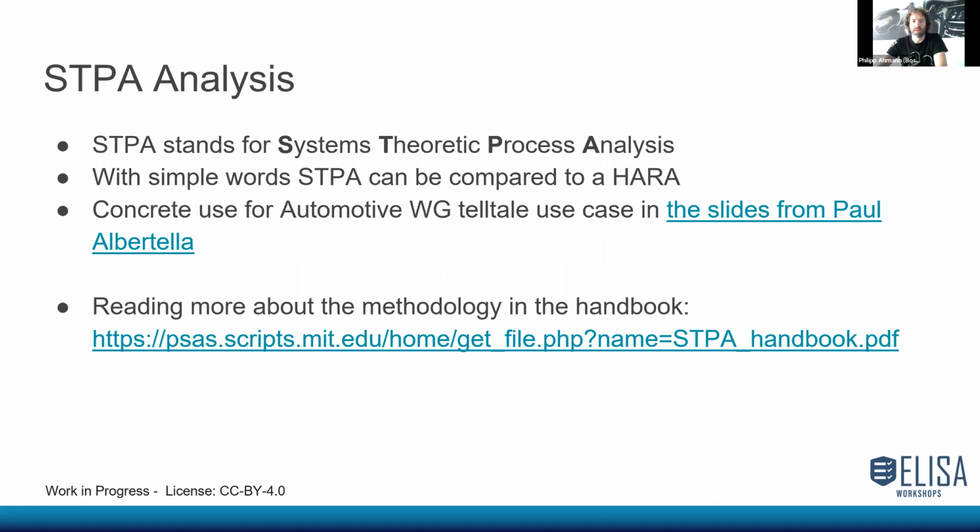What I really like is, as you can see, they're diagrams around this, and fewer big spreadsheets, which are typically involved in a hazard analysis and risk assessment. You can go to different levels and so on. And we also have a good slide set on this from Paul. I took the link from the last presentation, so from the workshop in April. And I really recommend also the handbook around this.